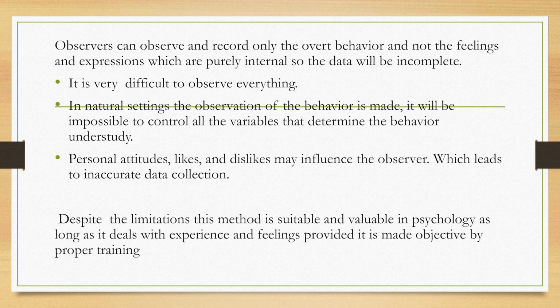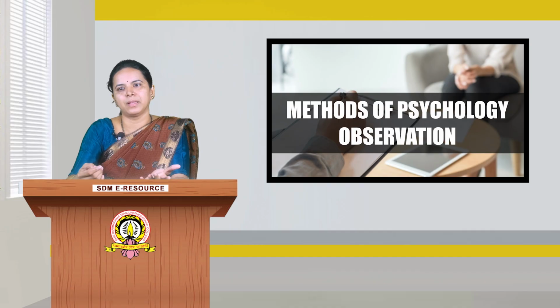In natural settings, where the observation of behavior is made, it will be impossible to control all the variables that determine the behavior under study. Next, personal attitudes, likes and dislikes may influence the observer, which leads to inaccurate data collection.